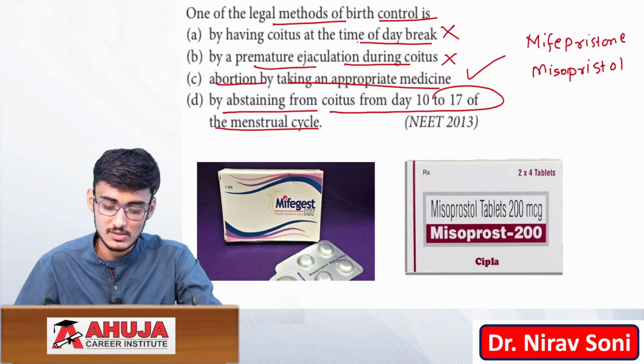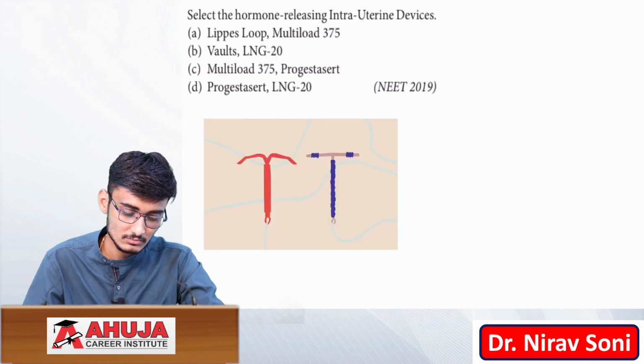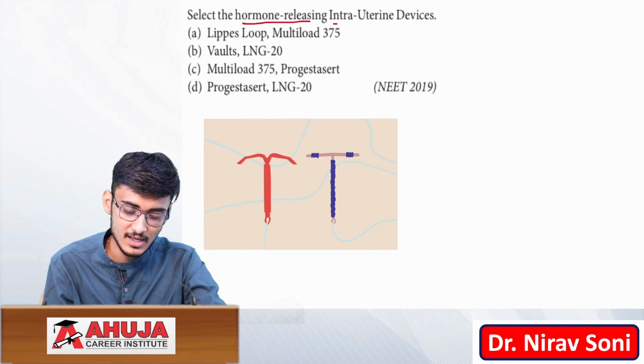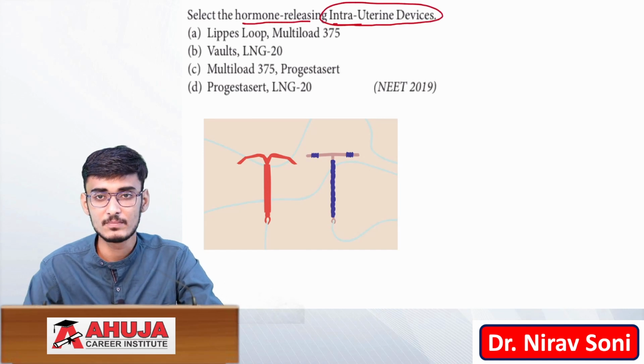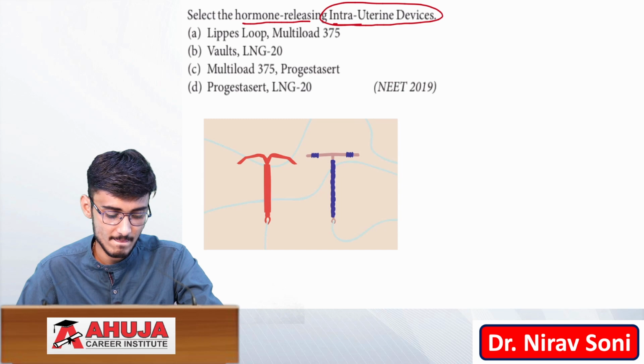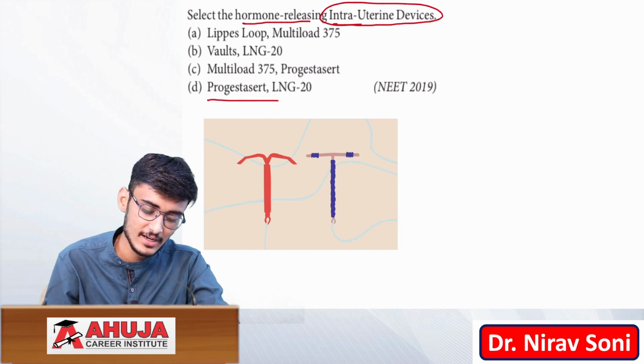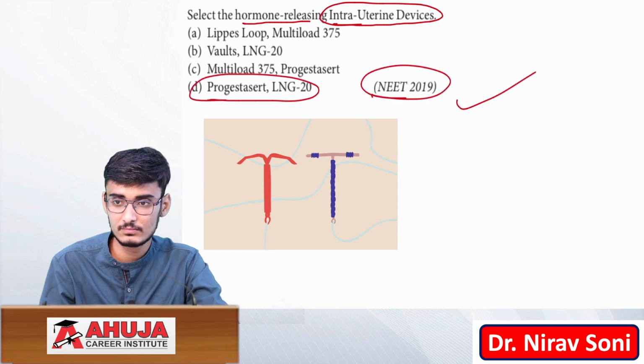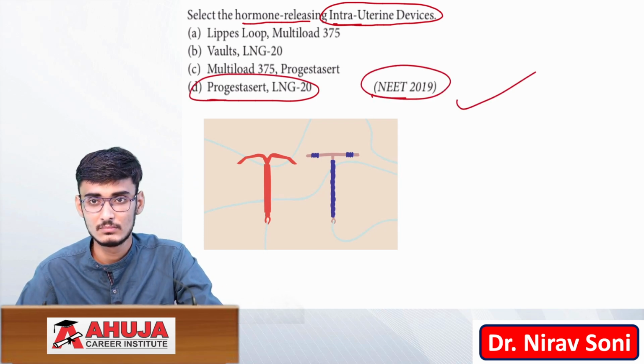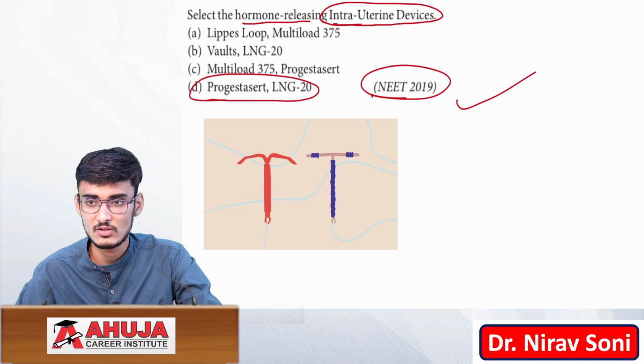And to get abortion, select the hormone releasing intrauterine device, IUD. Hormone releasing IUD. Progestasert and LNG-20. Option D should be right over here.